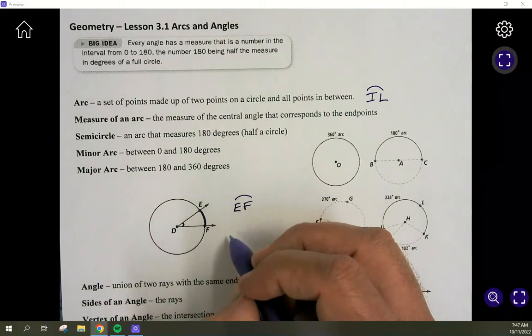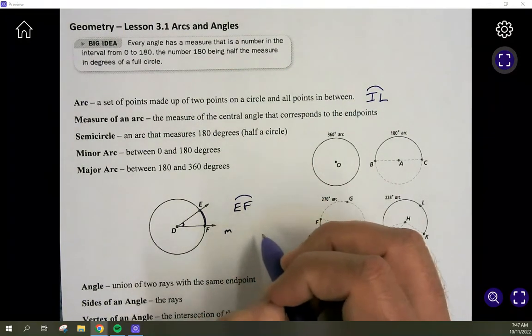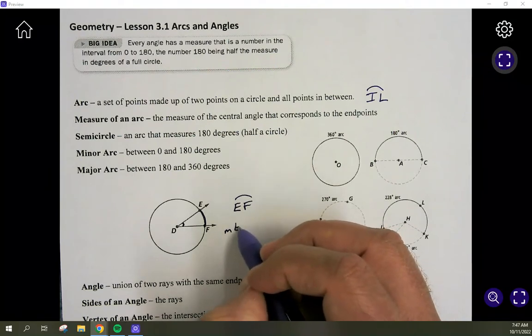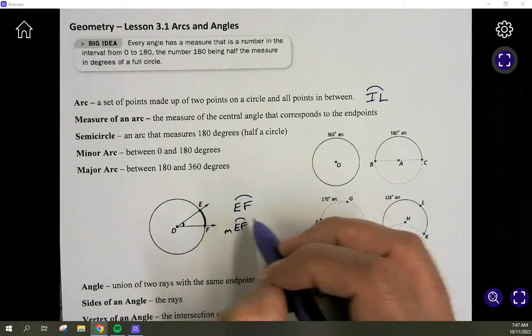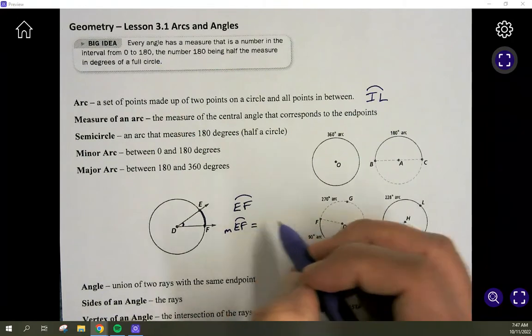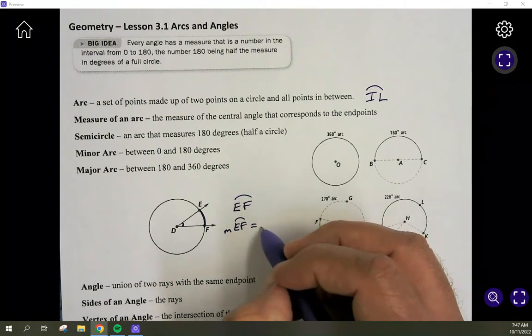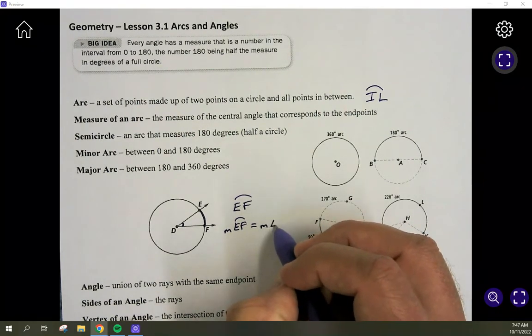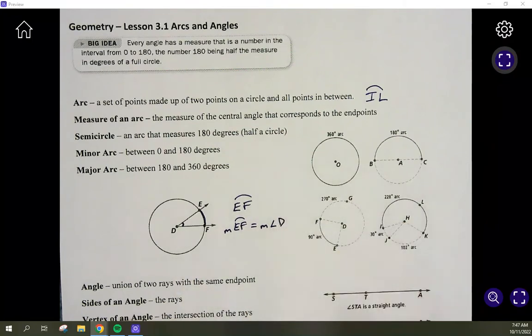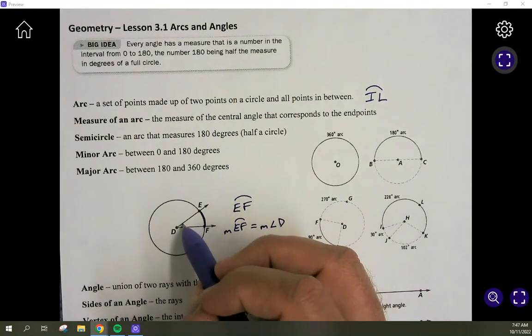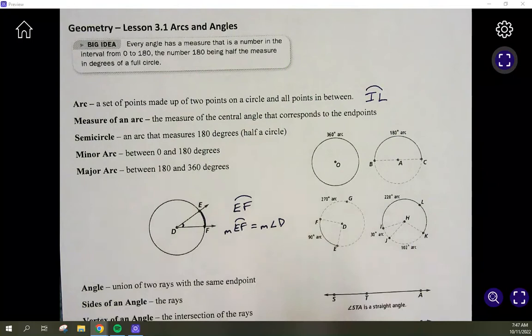So one way to notate this is the little m. The measure of arc EF is going to be equal to the measure of angle D. Those are going to be equal. This angle in here and the measure of this arc are the same.